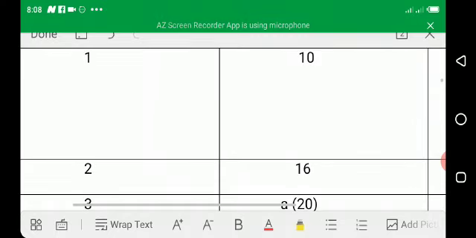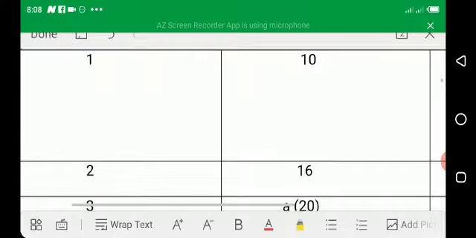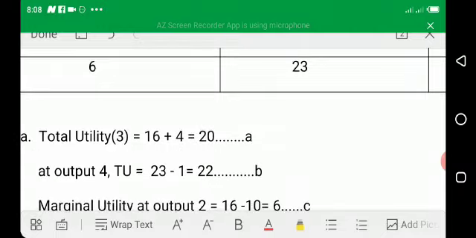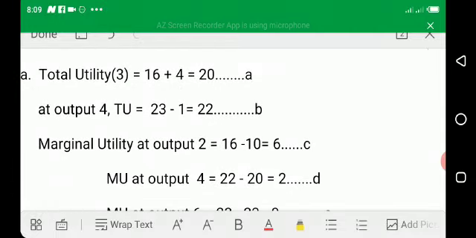According to the table, total utility at 2 is 16 and total utility at 1 is 10. So marginal utility at output 2 therefore will be 16 minus 10, and that, which is C that we are asked to find, will be equal to 6.